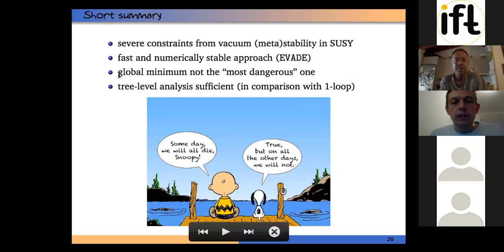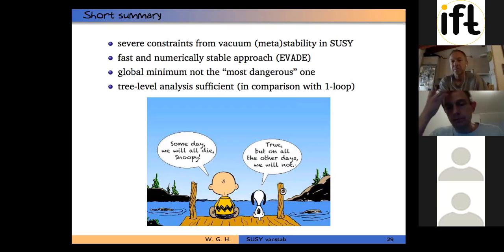Nevertheless, we do a tree level analysis, and it is sufficient when you are just interested in the constraints in these parameter regions. There's not really much difference from using one-loop tools, and also this one-loop minimization of the Coleman-Weinberg potential is a bit tricky.